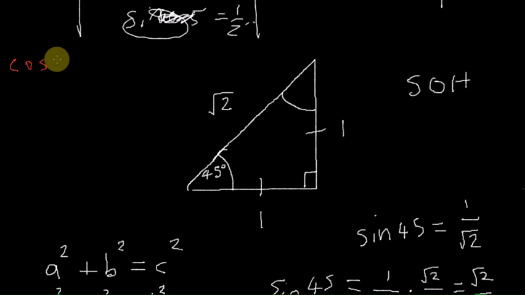So that's the adjacent, 1, over the hypotenuse, square root of 2, and that looks very similar to the sine we just had. So once again, we want to take that to the top.